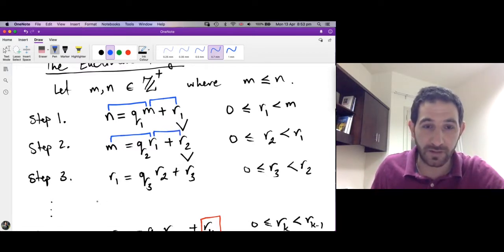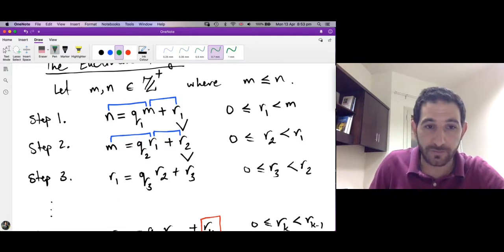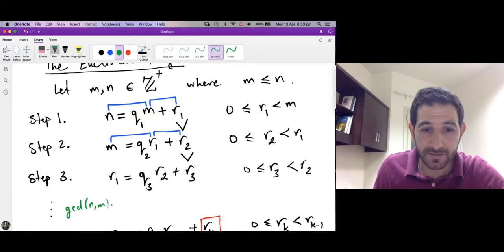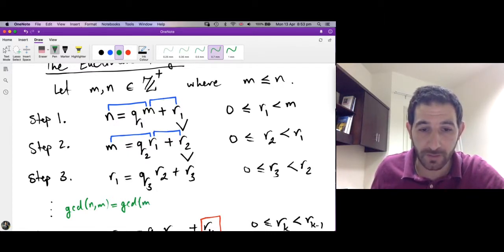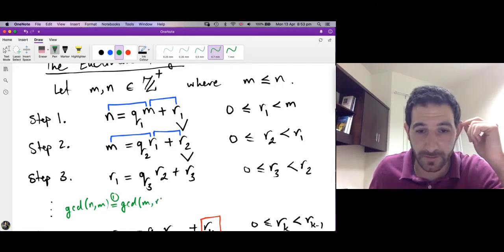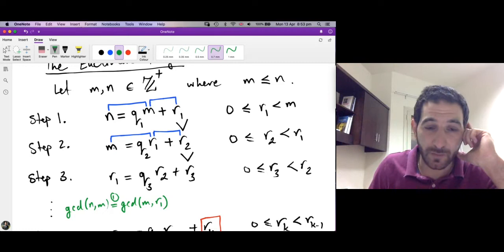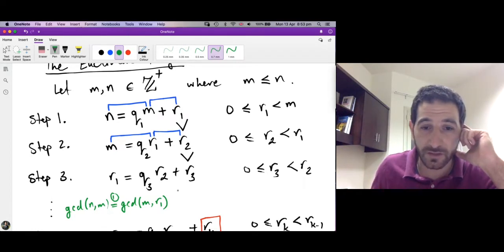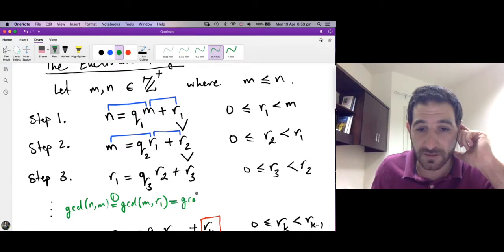So maybe I can write here in green. From step 1, we know that the GCD of n and m is equal to the GCD of m and r1. Now from step 2, we know that the GCD of m and r1 is equal to the GCD of r1 and r2.